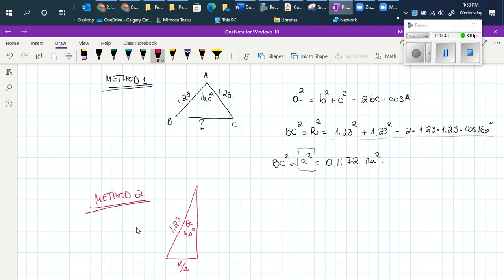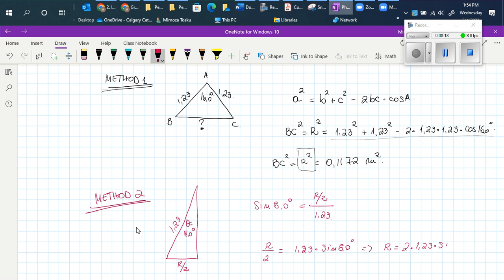So we can say that sine of 8 degrees, using the sine ratio, because we have the opposite and hypotenuse, is the distance between the two charges over 2, over the hypotenuse, that is 1.23. And then distance over 2 is equal to 1.23 times sine 8 degrees, or the distance is 2 times 1.23 times sine 8 degrees.